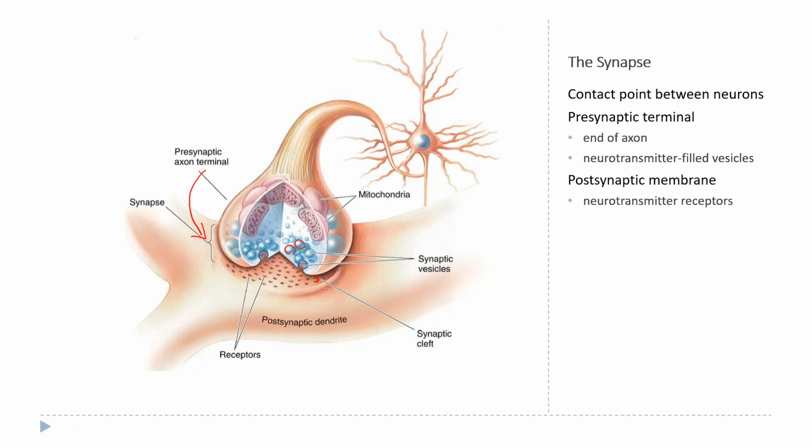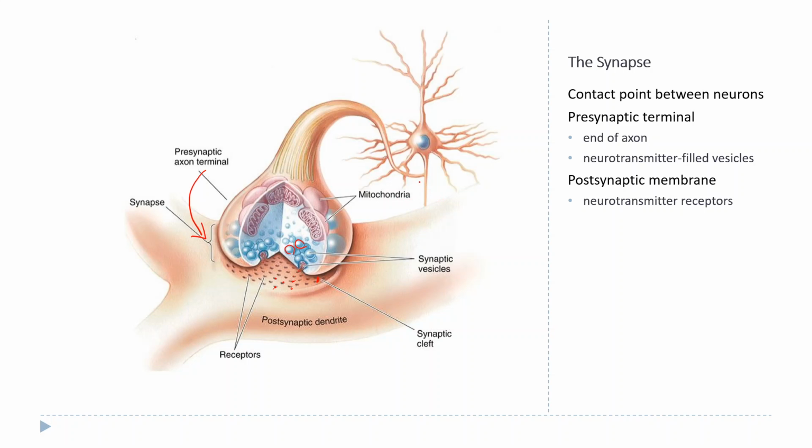And then the receptors on the postsynaptic membrane trigger some sort of intracellular response in the postsynaptic cell, and that's how neurons communicate with each other.